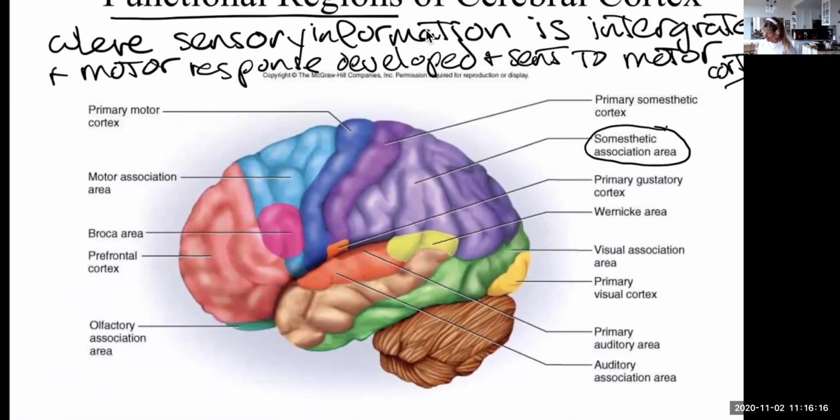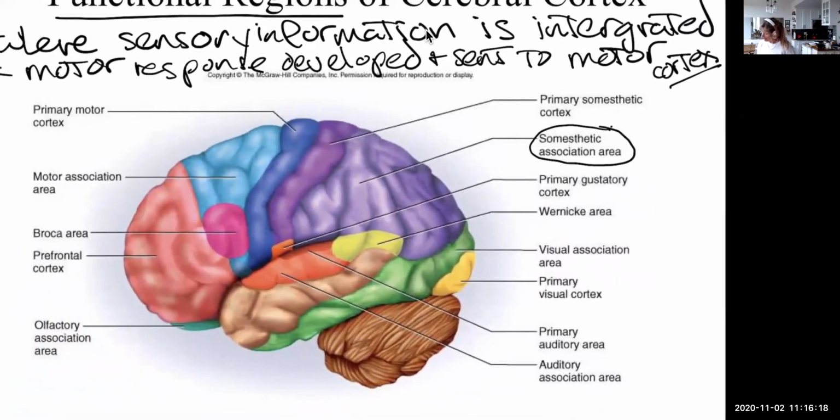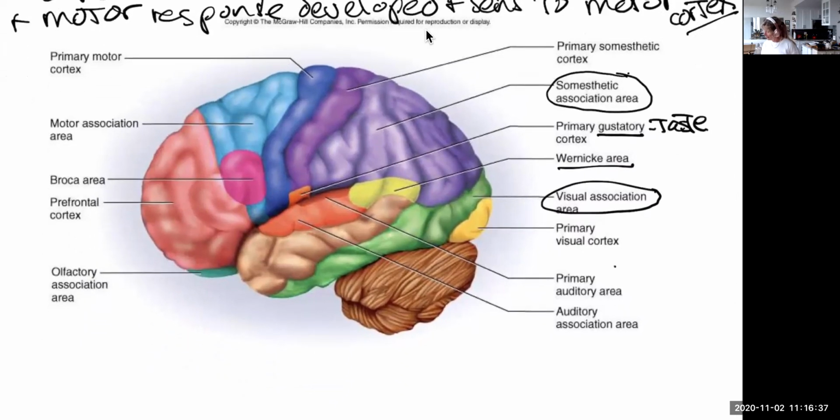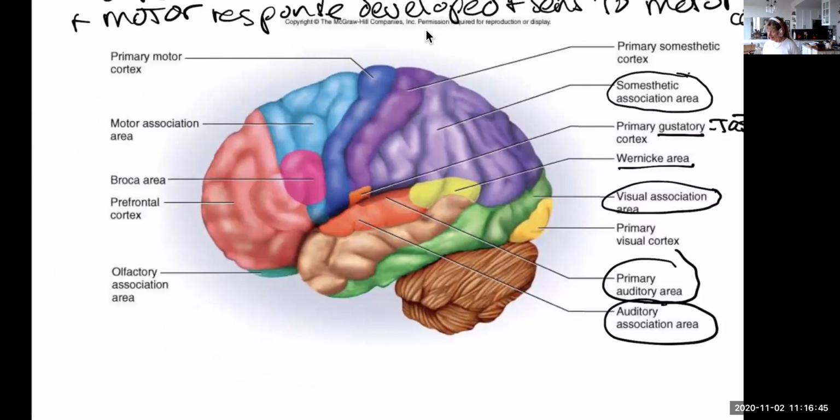I'd like to talk about a few other ones. The gustatory cortex has to do with taste. Wernicke's area we'll talk about separately. The visual association area is responsible for vision, integrating visual information. The auditory area and auditory association areas are where the hearing senses are integrated.